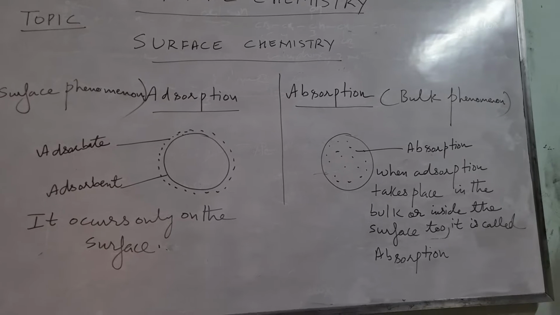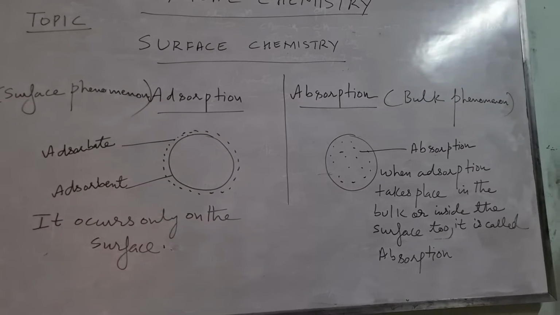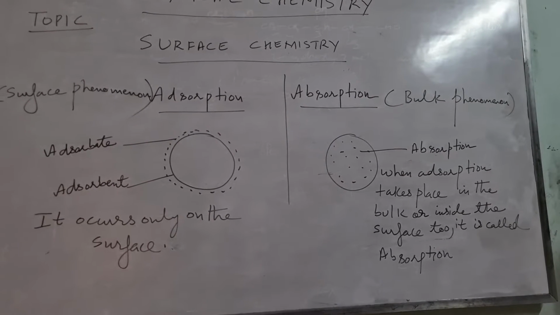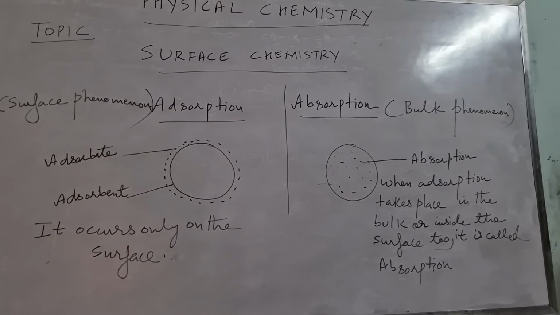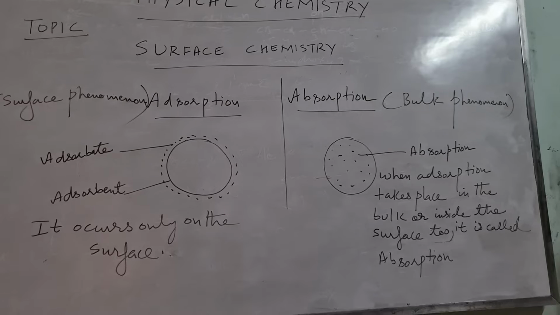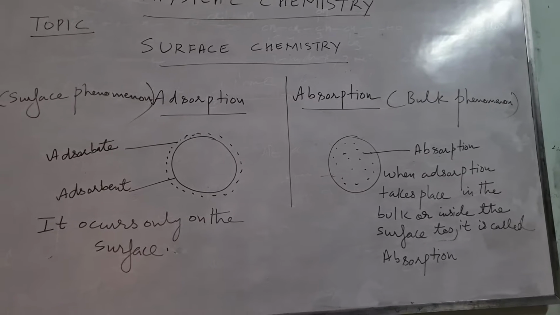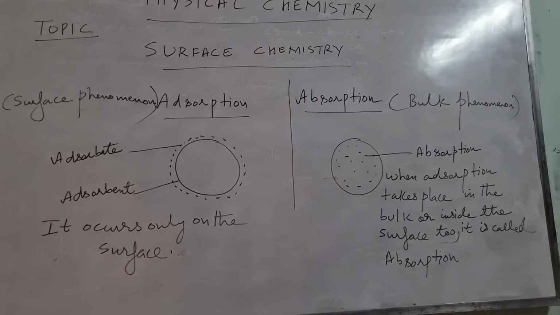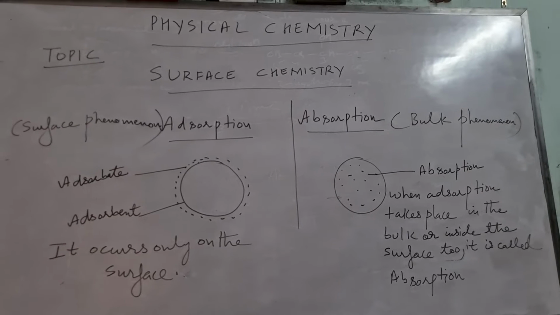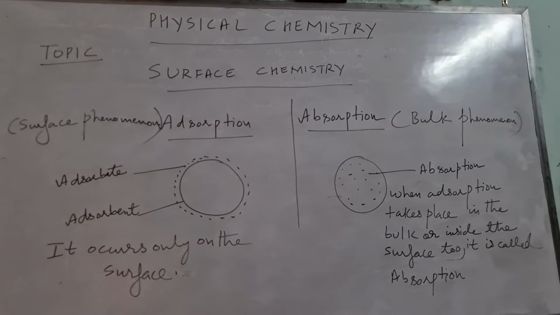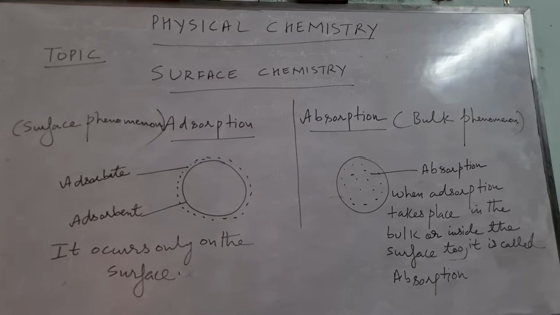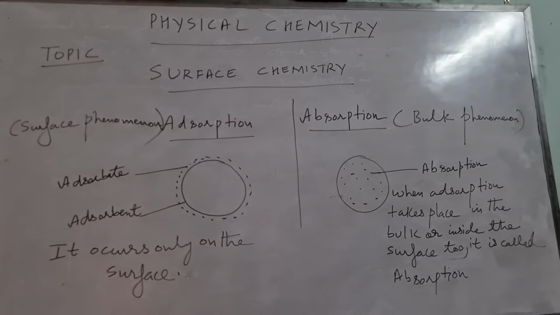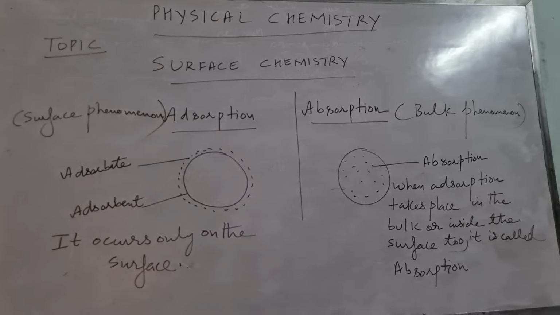Students, what is desorption? Desorption is the opposite of adsorption. Suppose adsorption has occurred on a surface. You just have to increase the temperature. When you increase the temperature, what will happen? The substance which was adsorbed on the surface will start leaving the adsorbent.